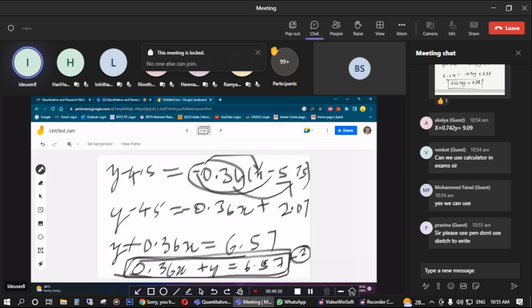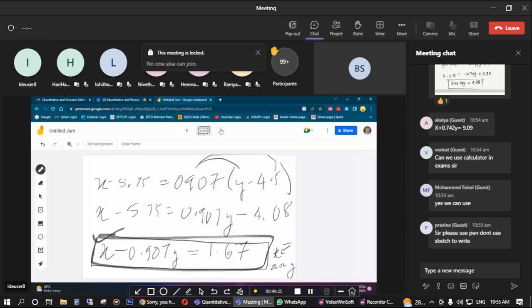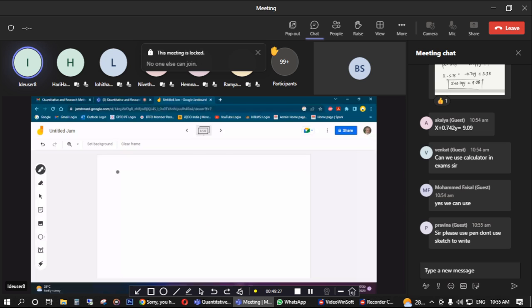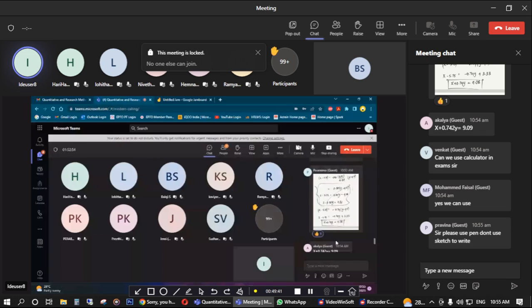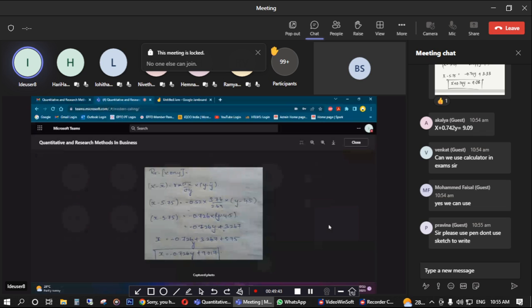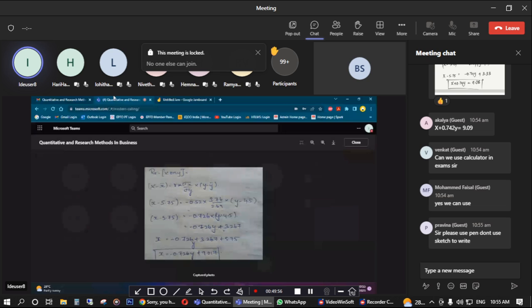What are the two regression equations? x minus 0.726y, x minus 0.72y, plus 9.01.